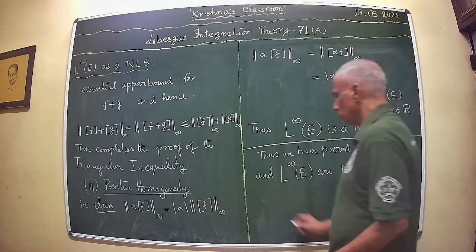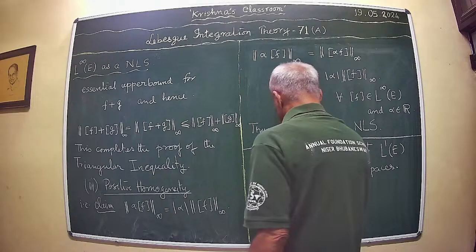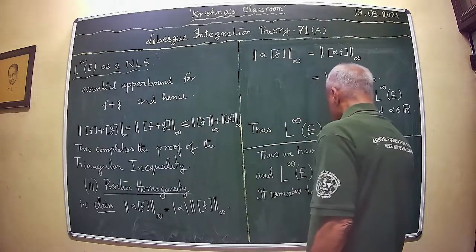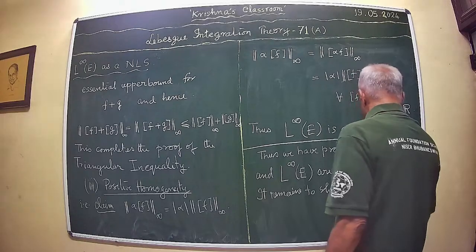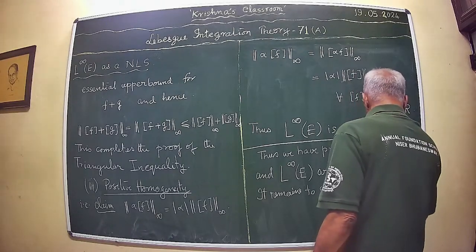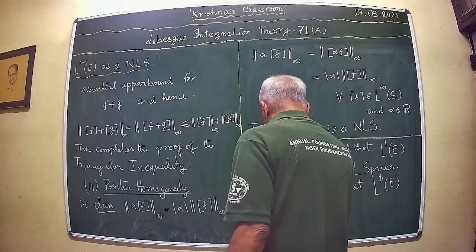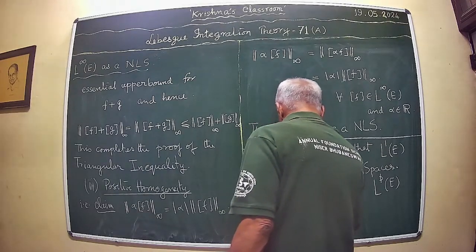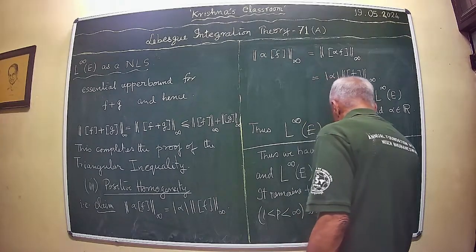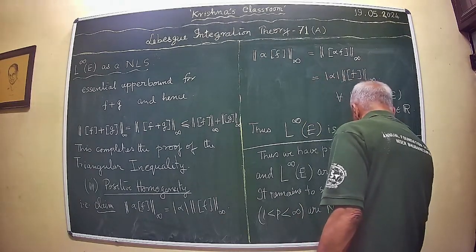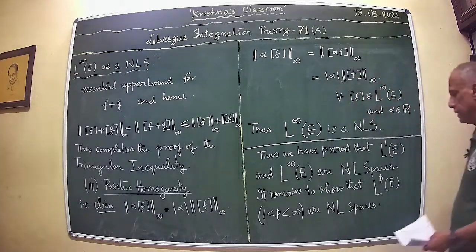So it remains to show that L p E for 1 less than p less than infinity are normed spaces. This we shall take up.